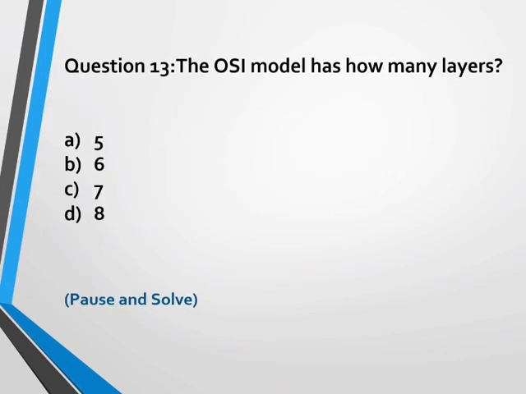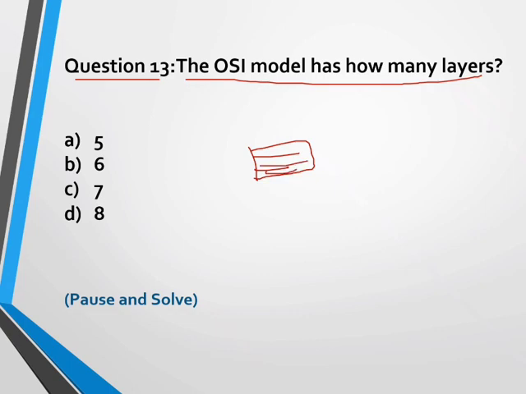The next question is, the OSI model has how many layers? 5, 6, 7, 8. Pause and solve.